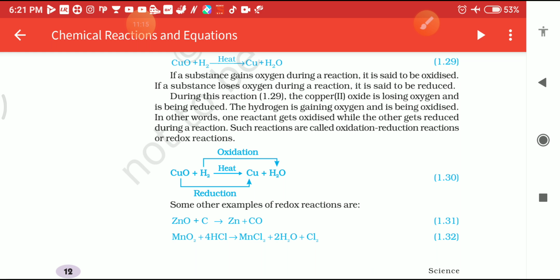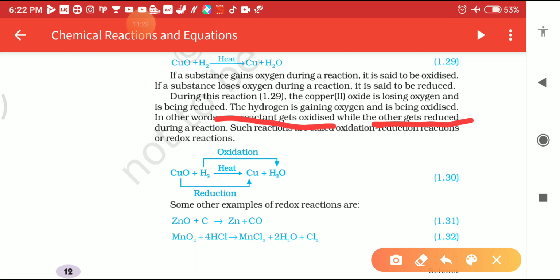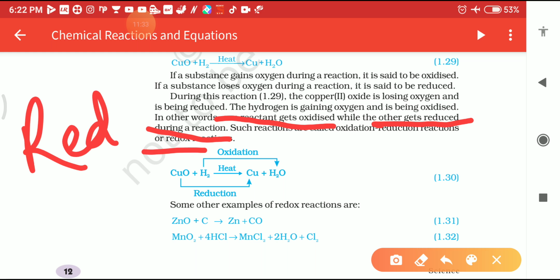In other words, one reactant gets oxidized while the other gets reduced during a reaction. Such a reaction is called an oxidation-reduction reaction or redox reaction. Students, what is the meaning of redox reaction? A redox reaction is one in which oxidation and reduction both take place. Okay, that is called a redox reaction.